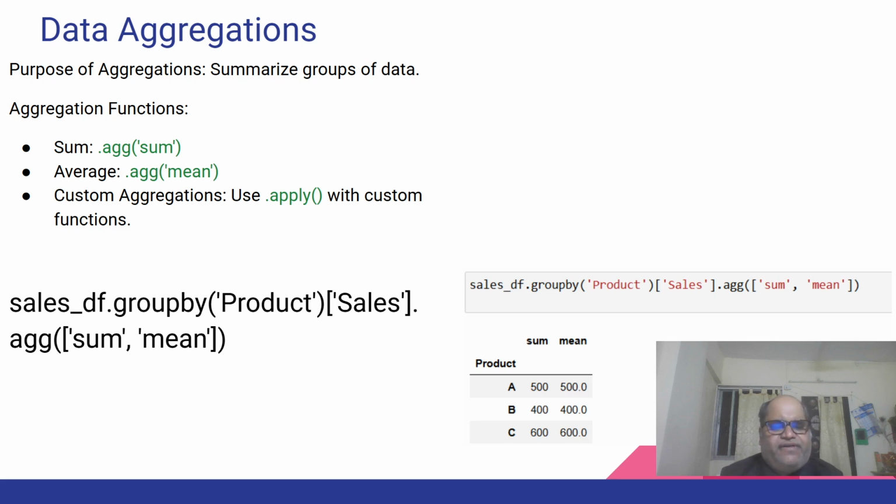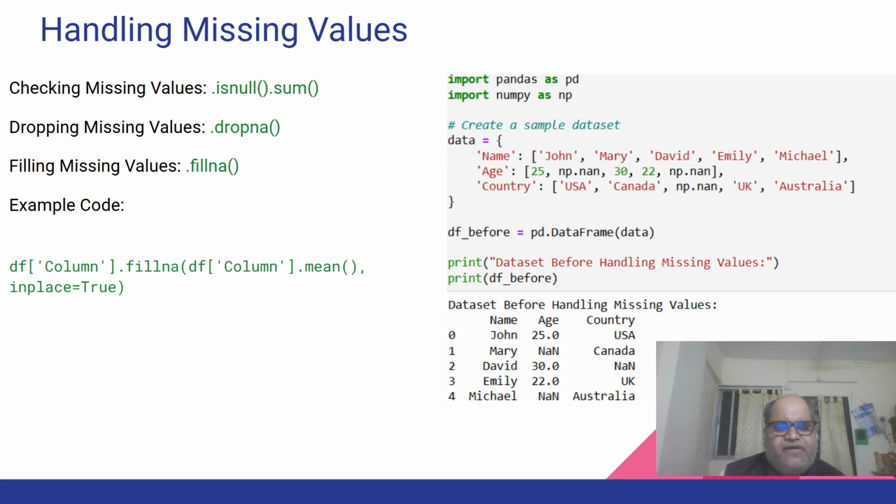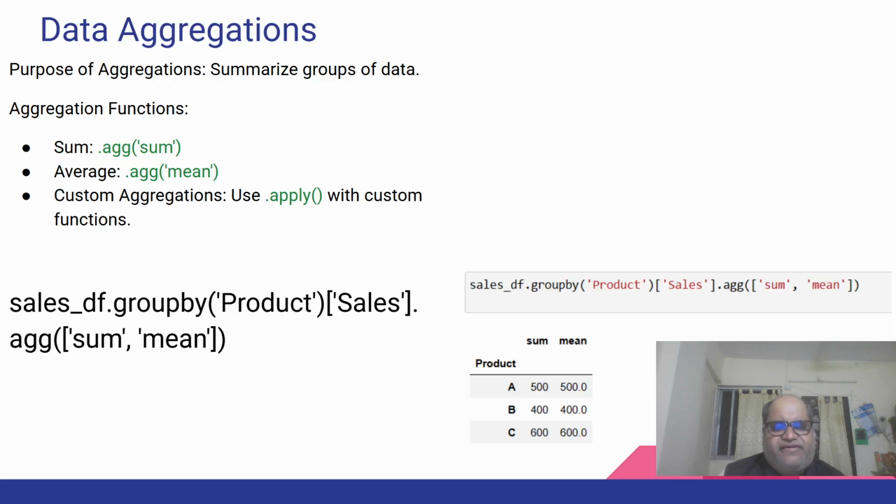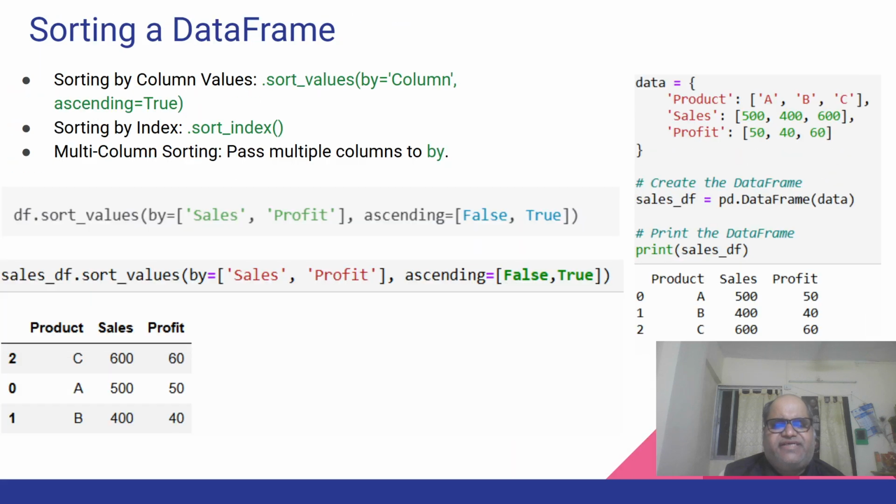If you simply look at your previous data set that we had, where we had product, sales, and profit, with A, B, C, and there, if you look at your sum and mean, since there is no repetition across product, it was unique.